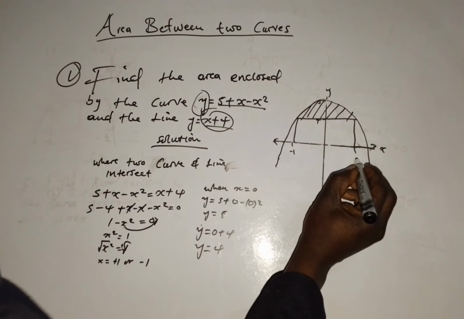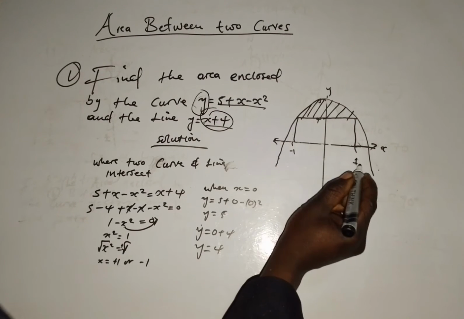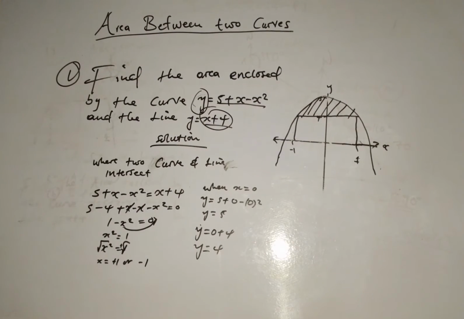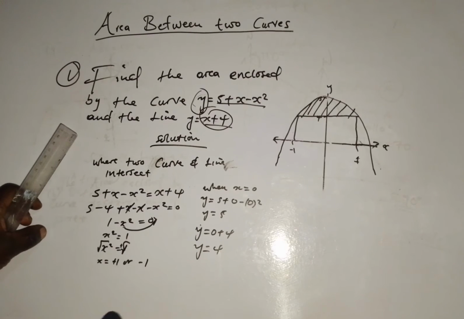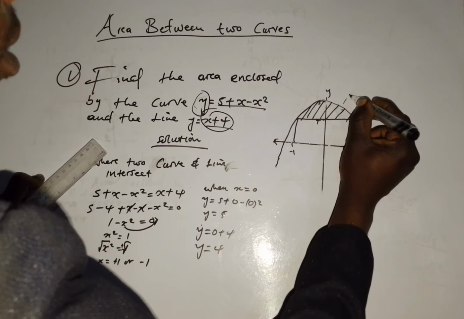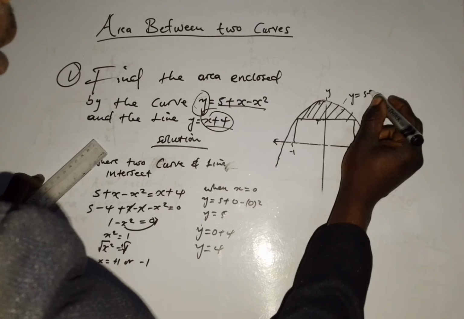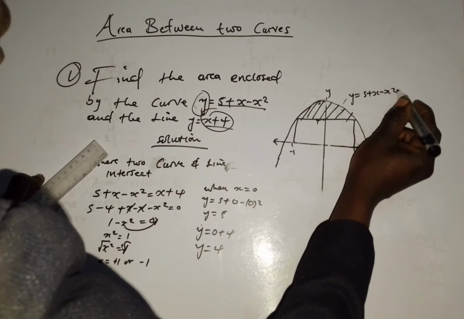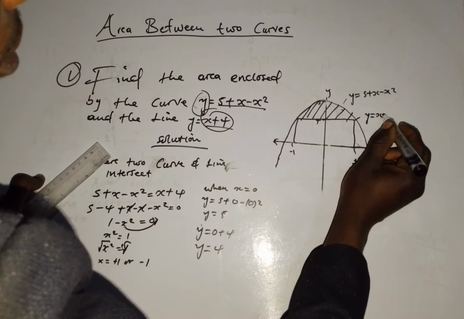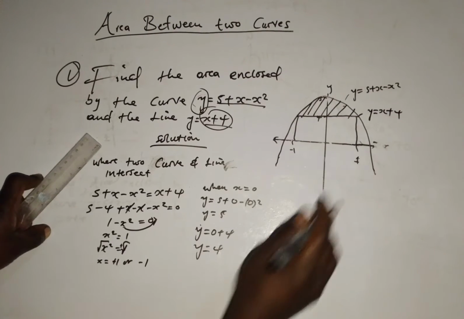Since we have found the limits minus 1 and 1, now let's find the area under this curve. This curve is y equals 5 plus x minus x squared, and this line is y equals x plus 4.